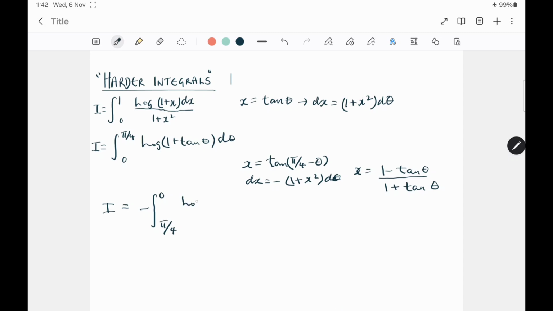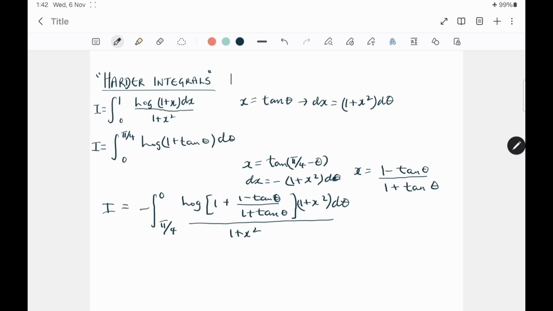We'll get log of 1 plus 1 minus tan theta over 1 plus tan theta, into 1 plus x squared d theta, all divided by 1 plus x squared.